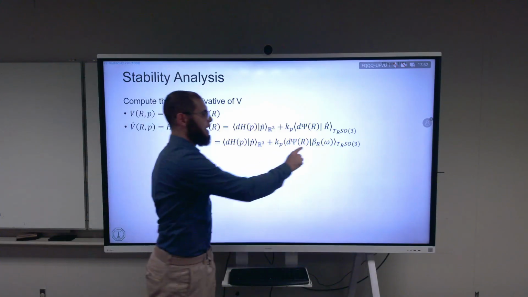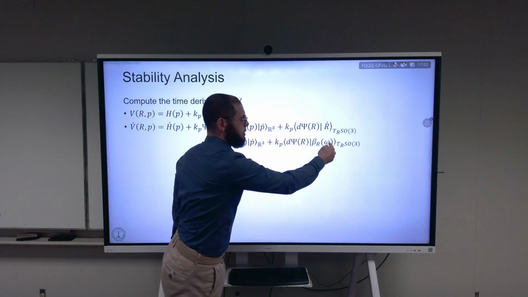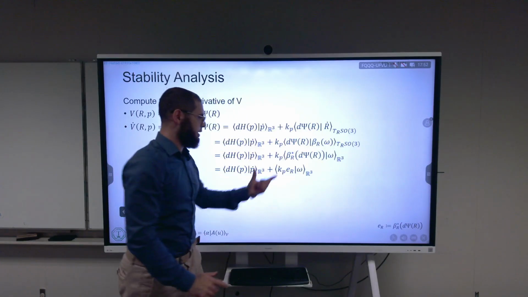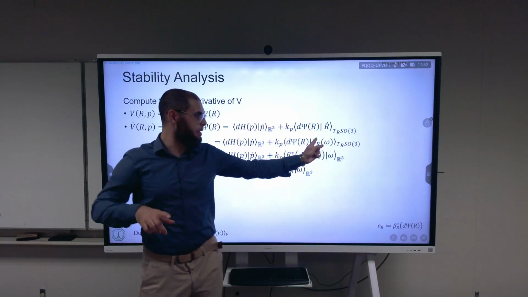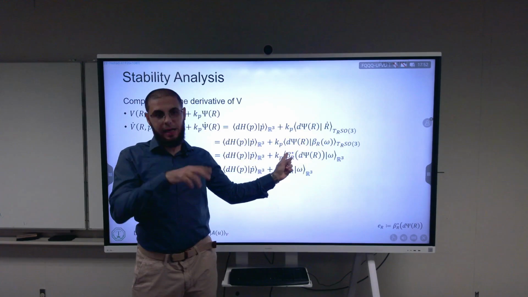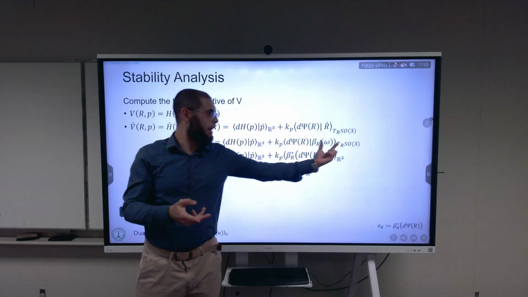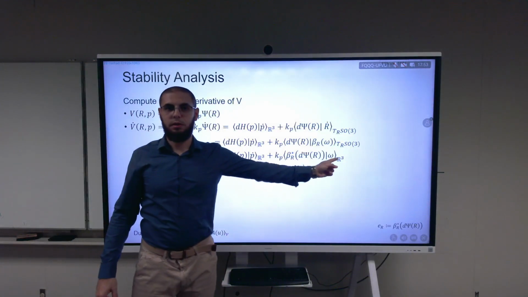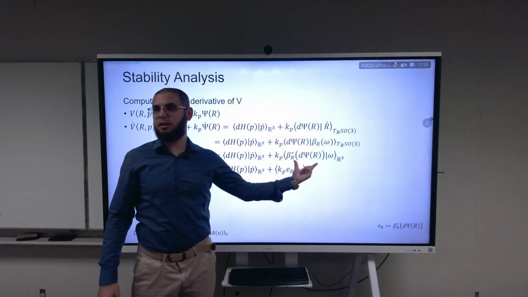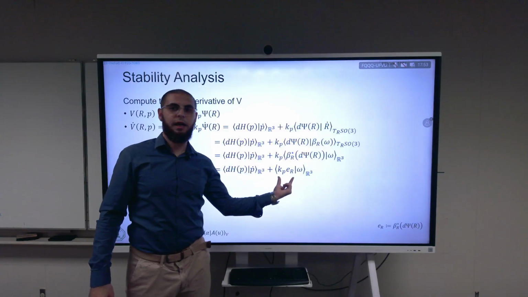We said that if I have something that eats a vector, I can also rewrite it by taking the beta R to the other side, of course the dual one, and the vector space also changes. Make sense? And this whole term beta R star d psi of R is actually nothing else than 8R.